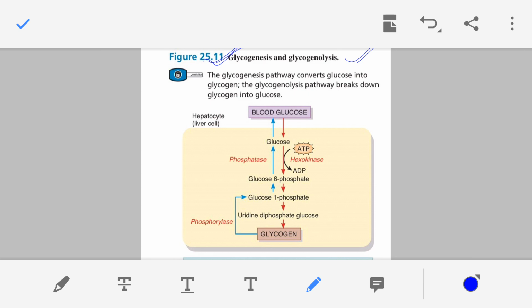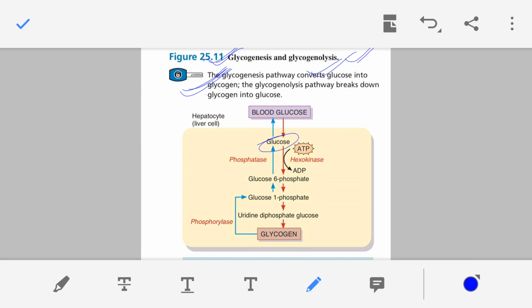Now what is happening in glycogenesis? So the glycogenesis pathway converts glucose into glycogen. So let's see this process, glycogenesis, conversion of glucose into glycogen.